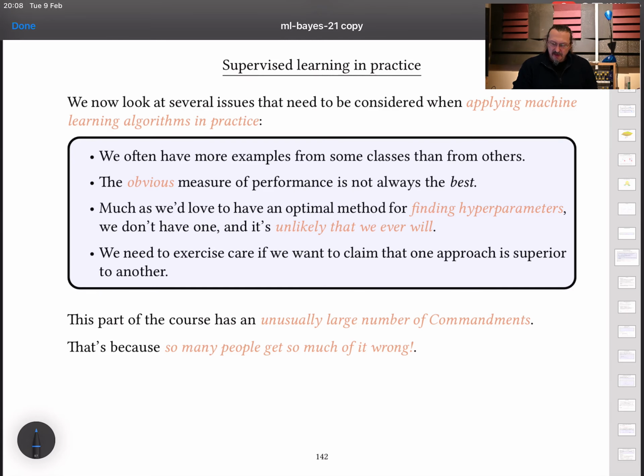So let's start with a fairly basic reprise of what I set out in artificial intelligence last year when I talked about what supervised learning looks like, because there was an important thing that I missed out, at least practically speaking.